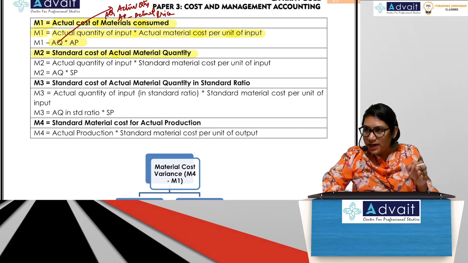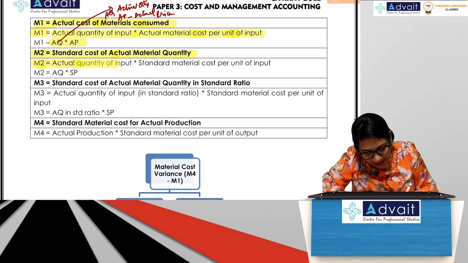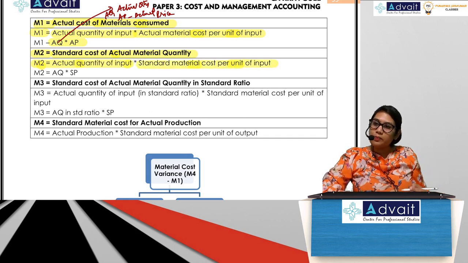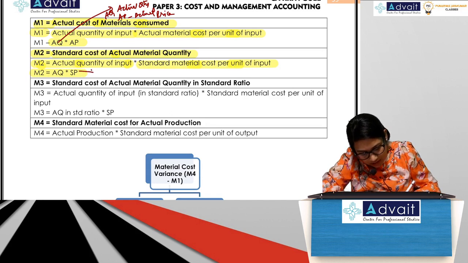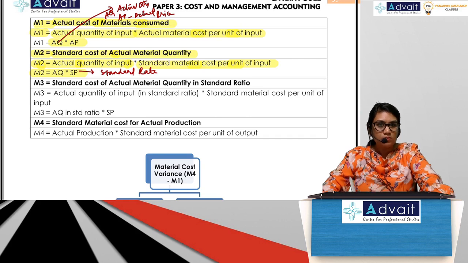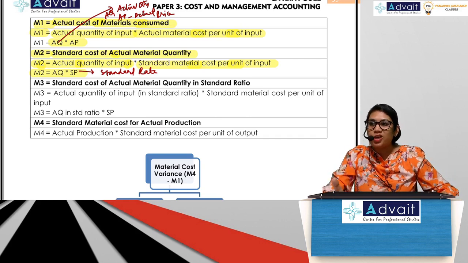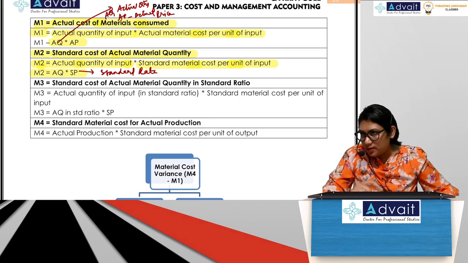AQ into SP. Correct? M2 is actual quantity of input into standard material cost per unit of input. So M2 is actual quantity into standard price or standard rate. So guys, M1 was AQ into AP. M2 is AQ into SP.